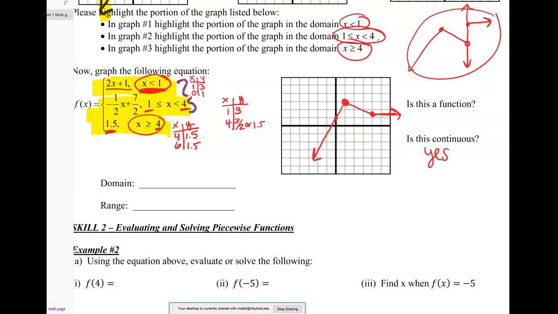Okay, because this is forever going this way. This has a point, this has a point, 0 has a point, 1 has a point. Because it's continuous and it doesn't ever end, that means it never ended and I never skipped anything. Every x from left or right, I could pick one and find a point that matches with it on the graph. Is that okay with everybody? All right, so domain, all real numbers.